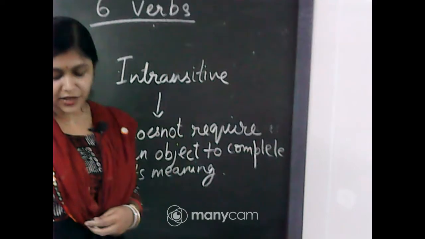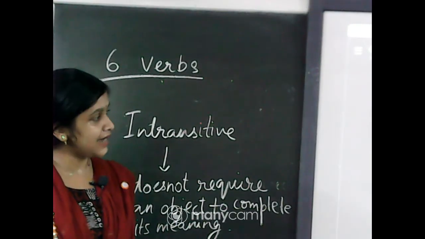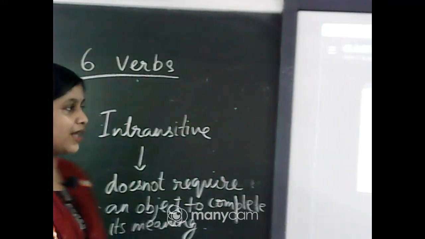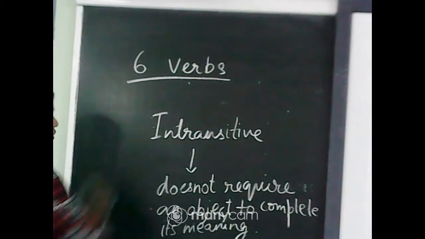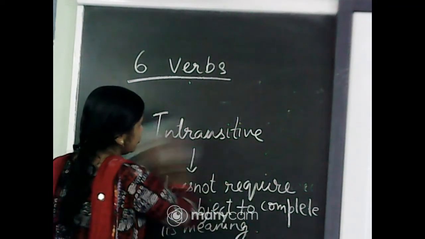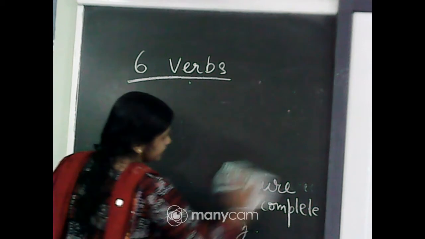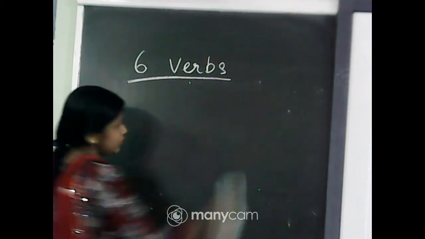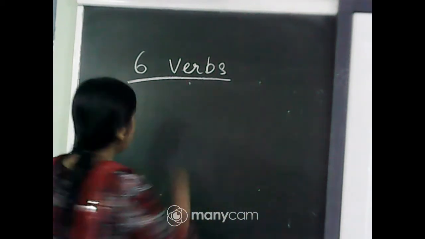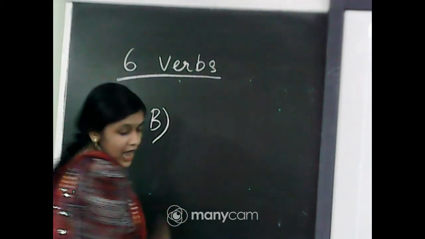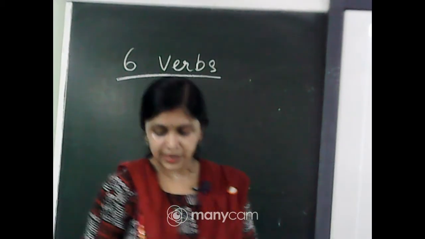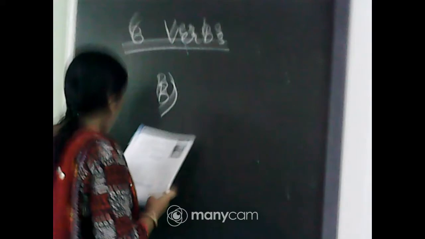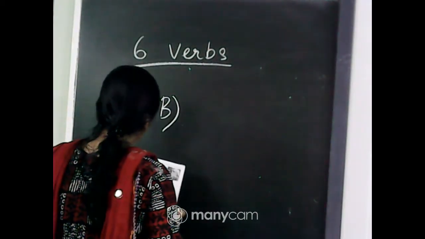Exercise number B, you will have to underline the verbs in the sentence and state whether the verbs are transitive or intransitive. Okay, so this definition is already given in your book, so no need to write it. Just underline the definition in your book, mark it. Come to exercise number B.